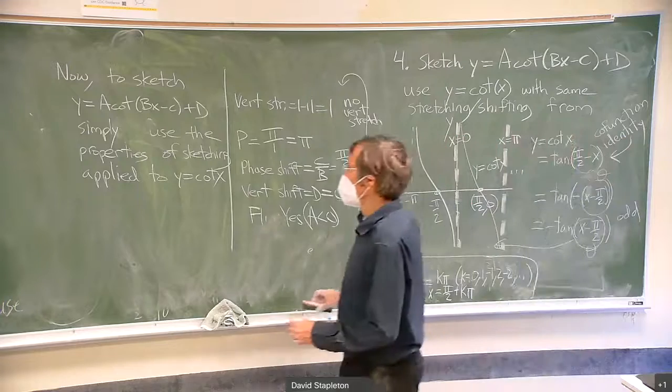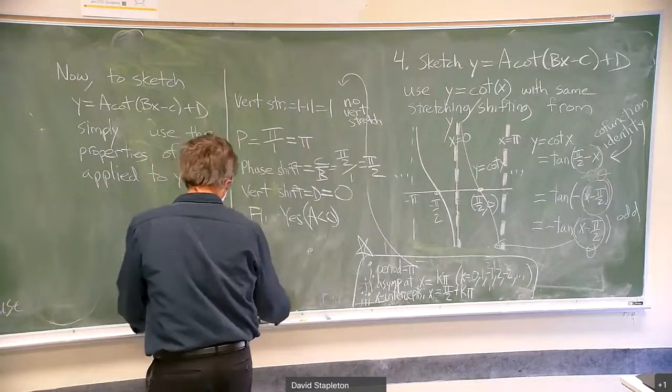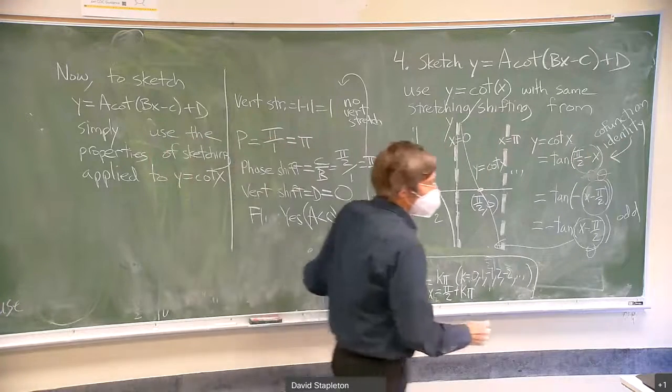All right, and now let's sketch one of these with cotangent. Let's move to the other side of the board.